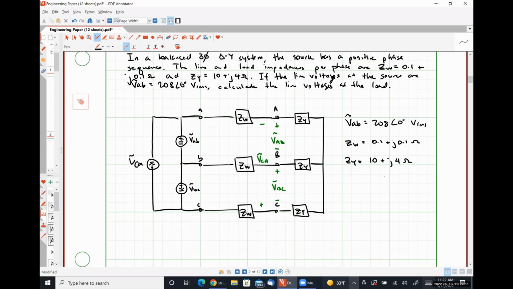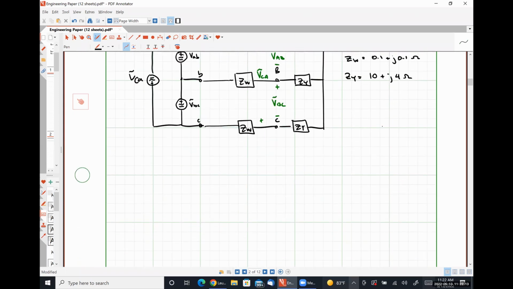So our single phase equivalent circuit is going to look something like this. Here's VAN, here's A, here's N. Here's the Y, lowercase n, capital N. Here's the W.